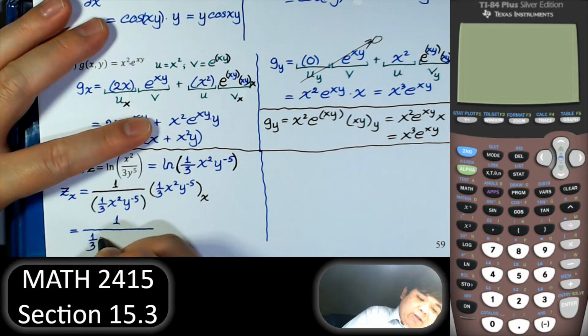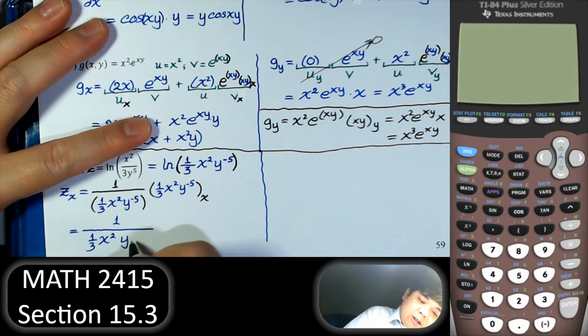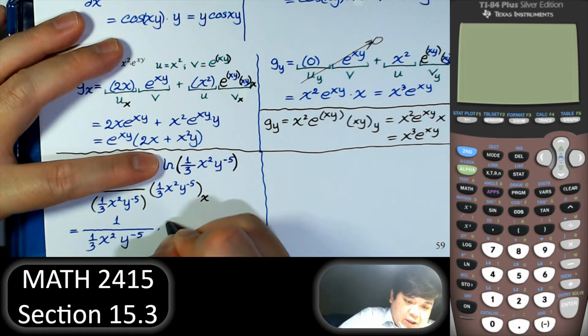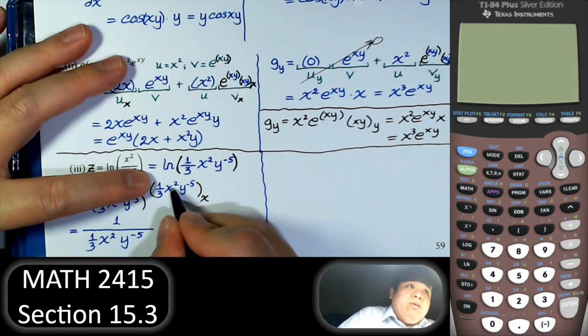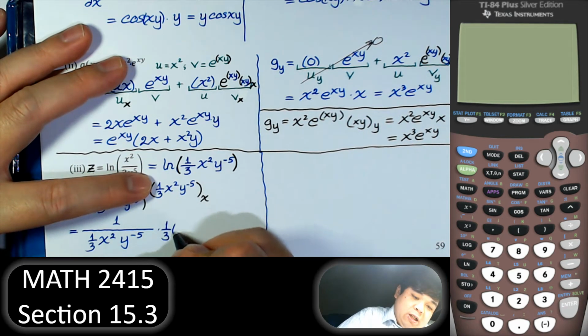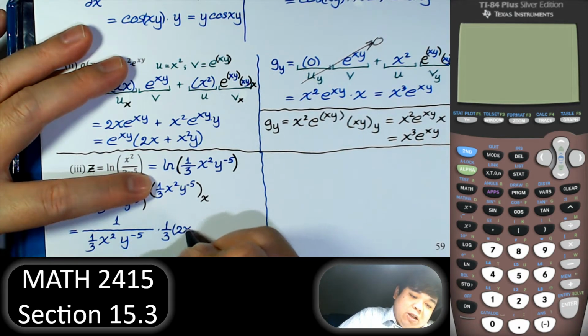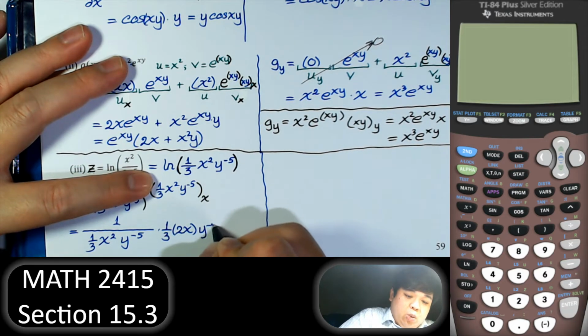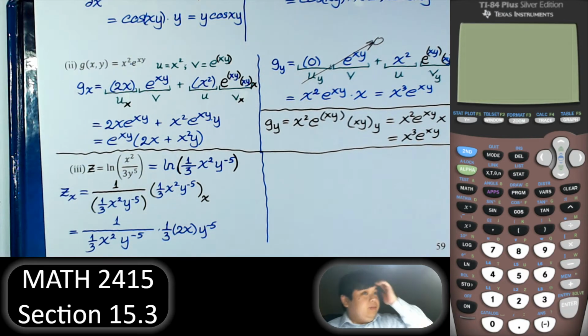There's no derivative here, so I just rewrite that. I still have 1/3. Derivative of x squared is 2x. The reason we do that is because y to negative 5 is still constant, so we don't do anything, just rewrite it.